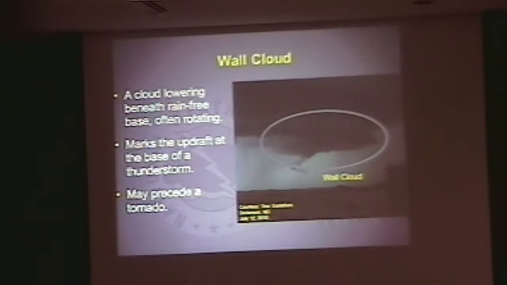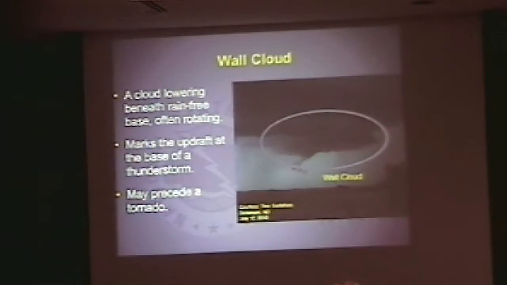This lowering of the rain-free base, this little square, almost like a little square under the thunderstorm, and it's attached to the thunderstorm, is called the wall cloud. Now we have to be careful with our shelf cloud and our wall cloud, because a lot of times people will see a shelf cloud, which means what?